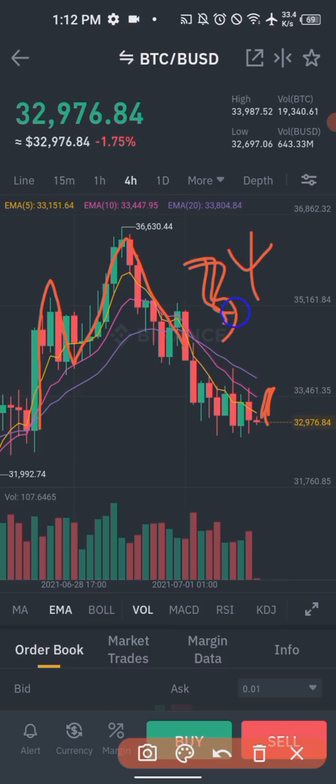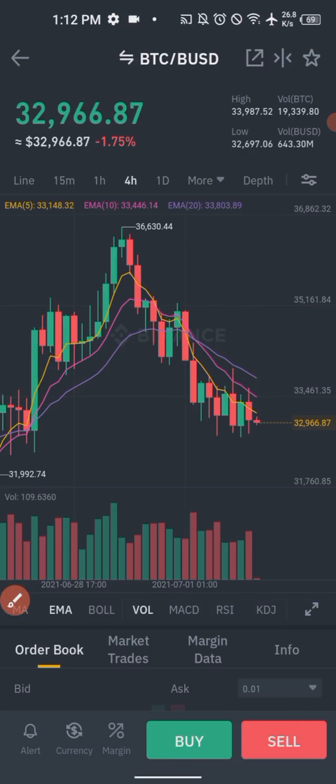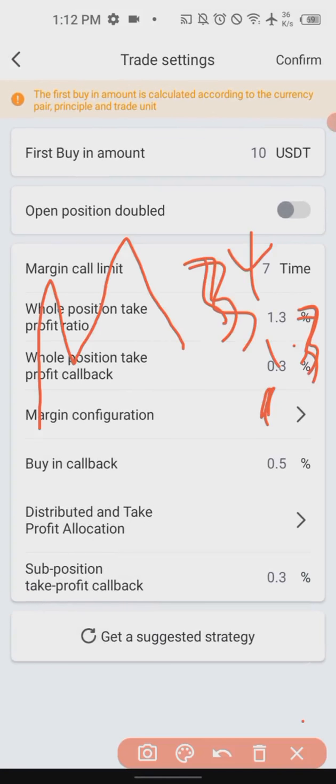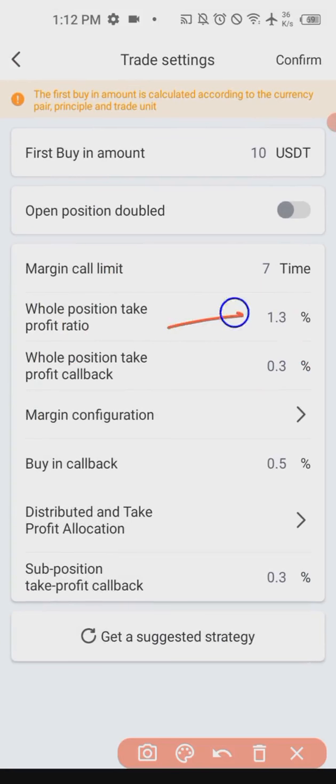So if I'm making 3 or 4 trades in a day with a coin at 1.3%, meaning in one coin, I should be able to make 4% or more with that coin. Now, do you see why this seems to be my favorite strategy on the board? So this is it, the 1.3%.